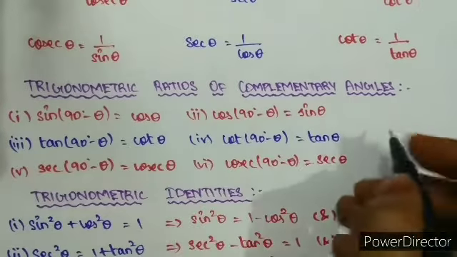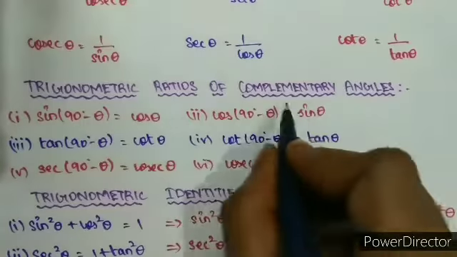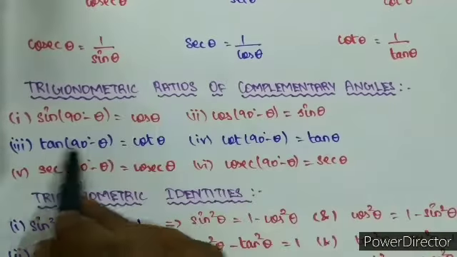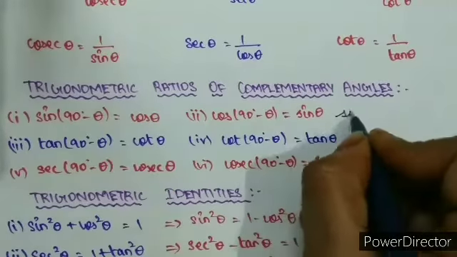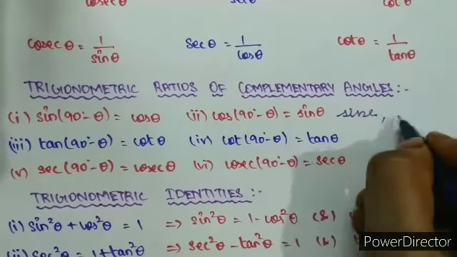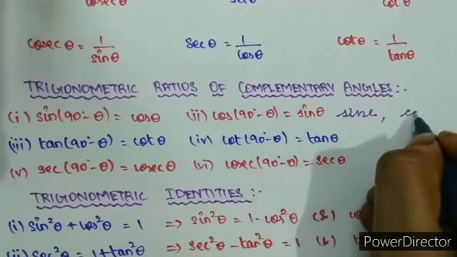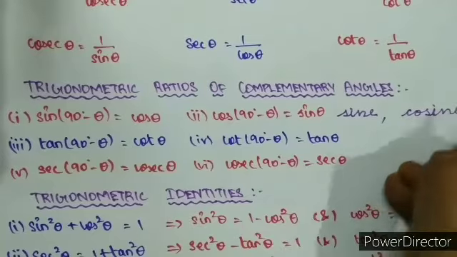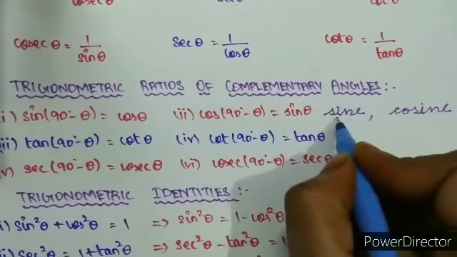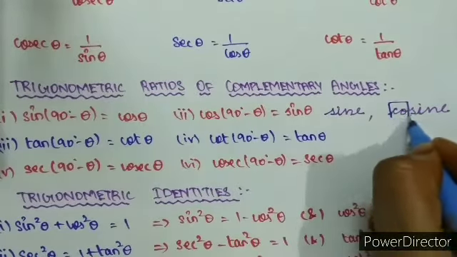I'm giving you a hint to remember the complementary pairs. Sin and cos are the complementary pair. The full form of cos is cosine, so sine and cosine are complementary.